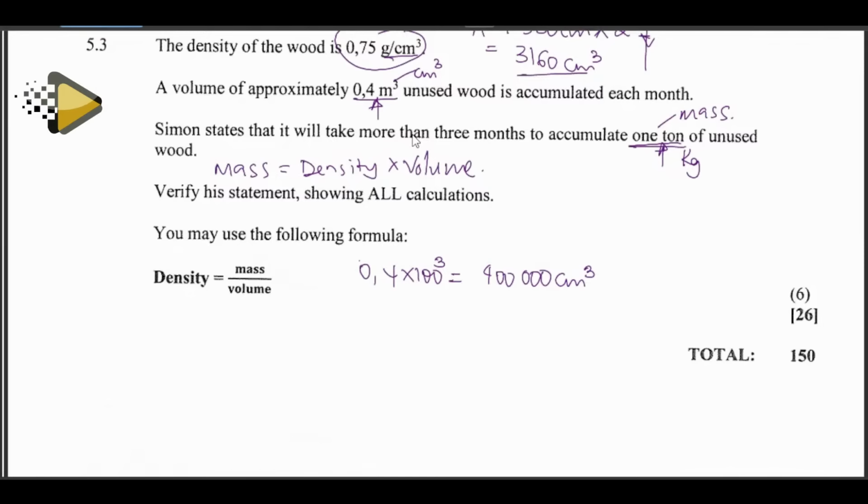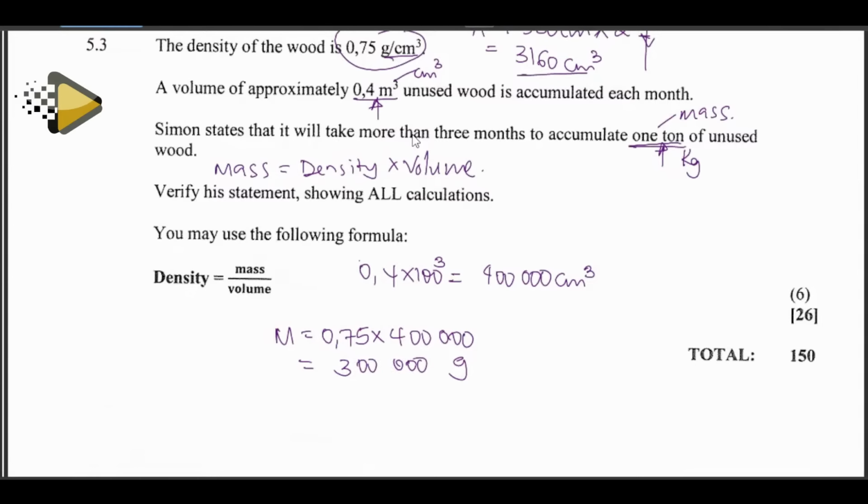So mass is going to be the density, which is in grams, times the volume that we've just got now. The answer we get will be in grams. So we shall take that times 0.75. So the answer here becomes 300,000.